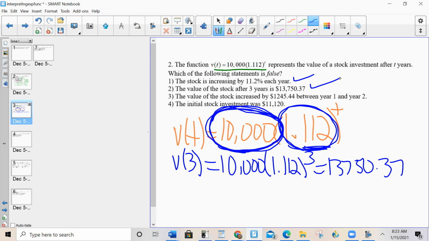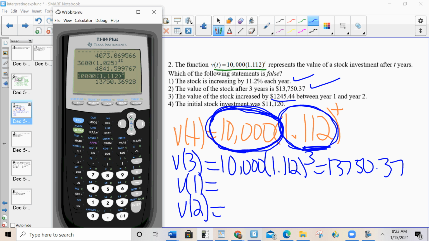This one is true. The value of the stock increased by 1245.44 between year 1 and 2. So I'm going to have to find the value after year 1. Now I'm going to have to find the value after year 2. So I can just copy and paste this with a 1, and then copy and paste this with a 2. So to see how much it increased, I would just subtract the value from year 1 from the value from year 2.